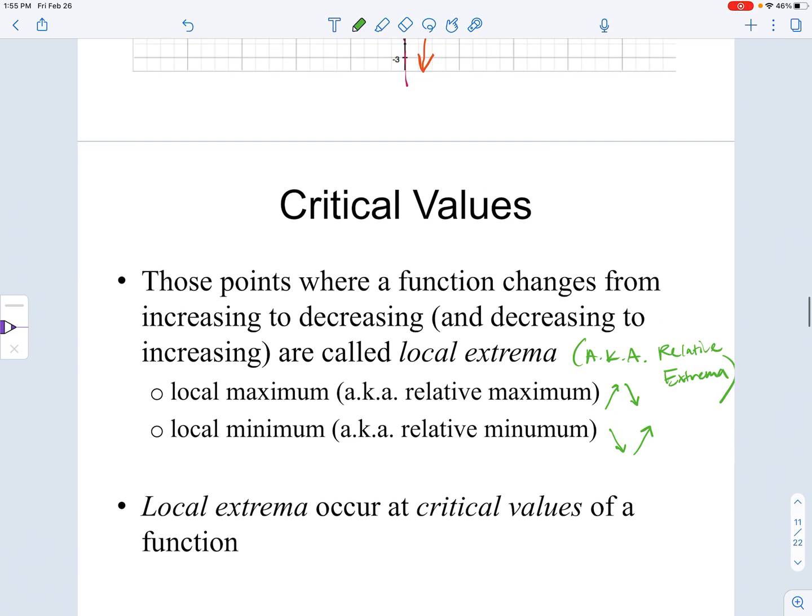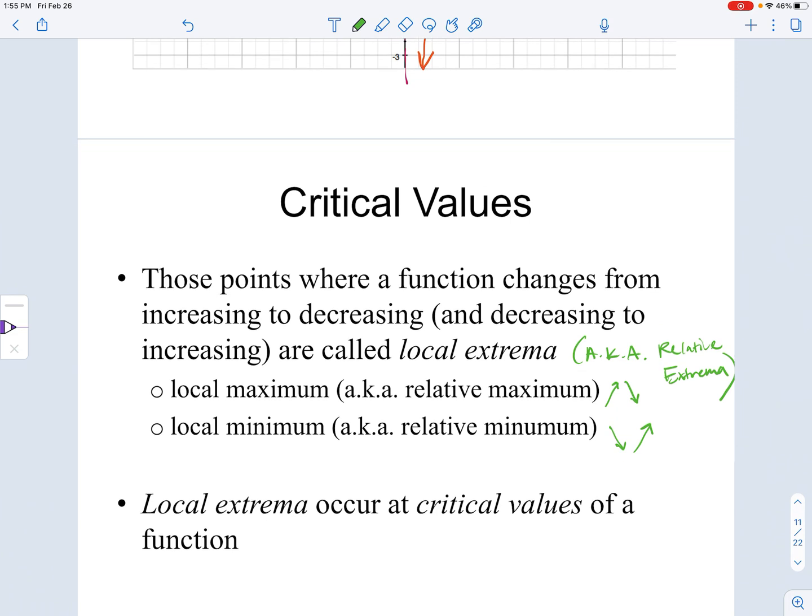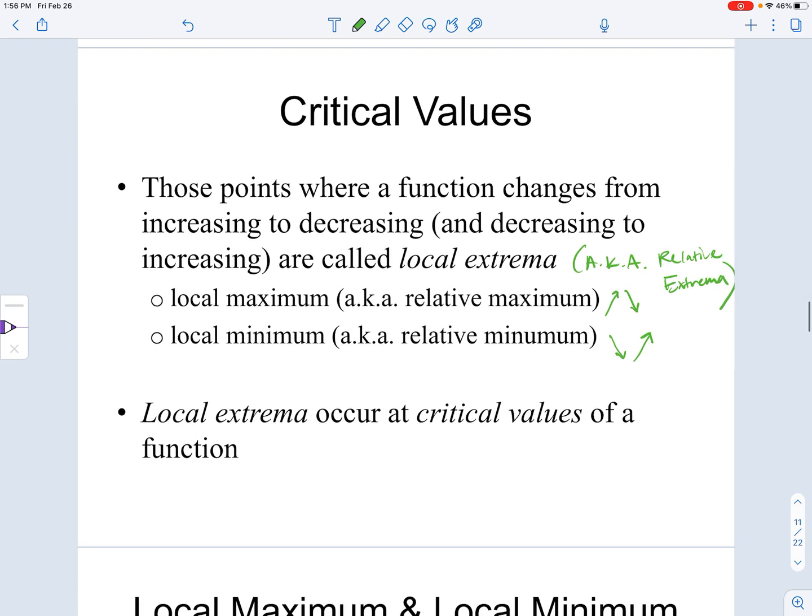And so remember, whenever we were finding the values to put on the analysis line in part 1, we were determining where the derivative was equal to 0 for the functions that we were working with, right, where horizontal tangent lines would exist. And there wasn't always a sign change.